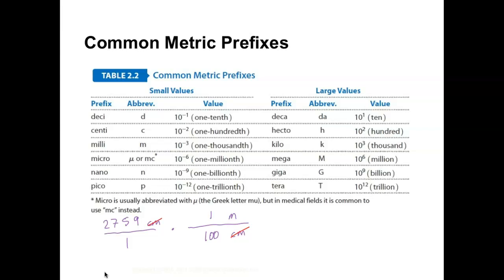Centimeters cancels. We're left in units of meters, and we end up with 2759 over 100 meters. You can divide that out in your calculator. And that's 27.59 meters.